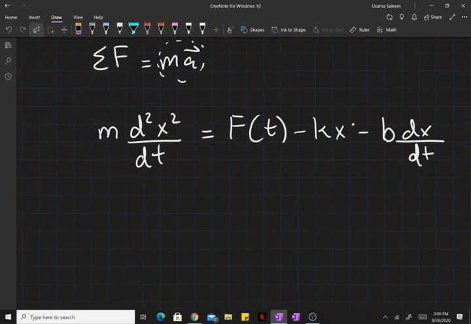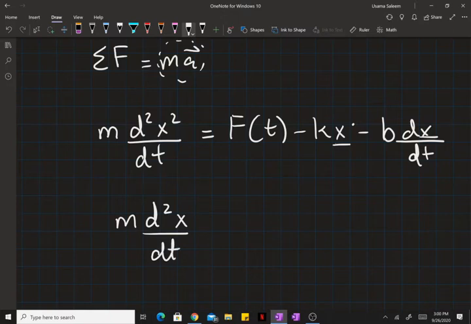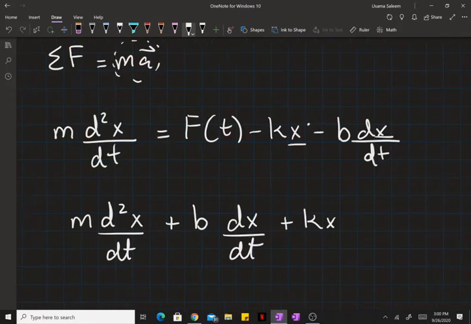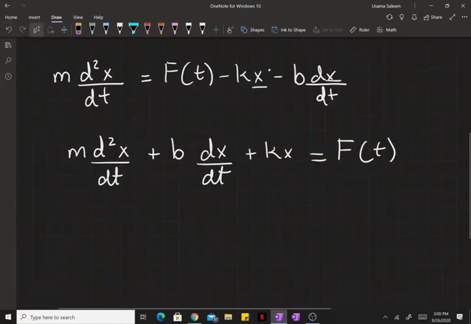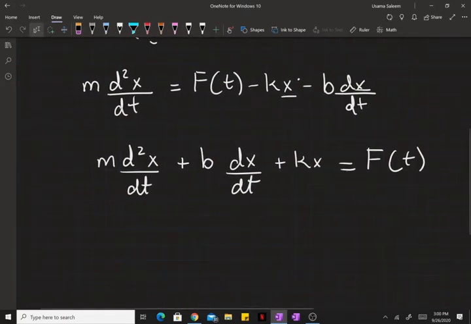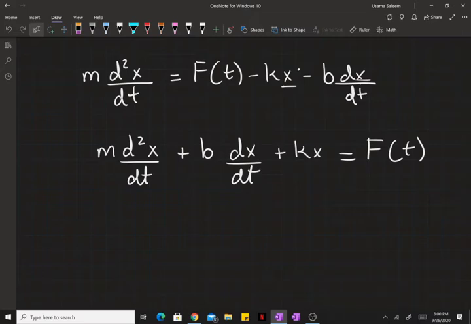Rearranging all of our x terms on the left hand side, we get m times the second derivative plus b times dx/dt plus k x, and that equals the forcing function. Alright, and let's divide everything by k.